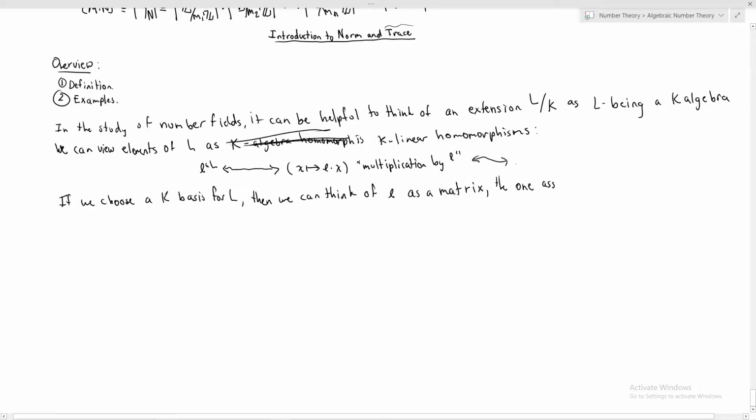So from here I can get a matrix A with entries in K. We can think of l as a matrix, the one associated to multiplication by l.